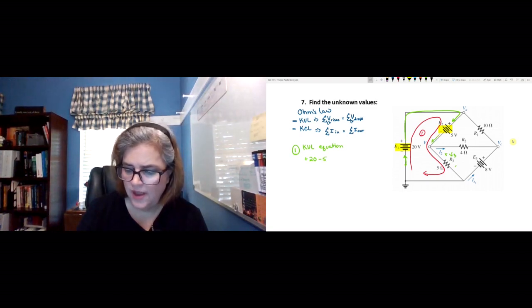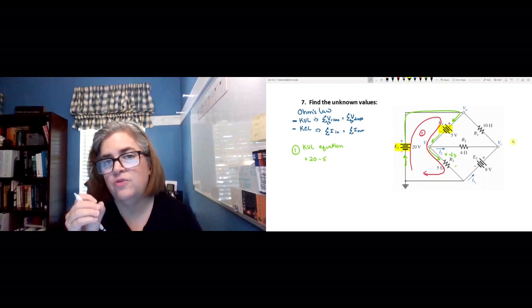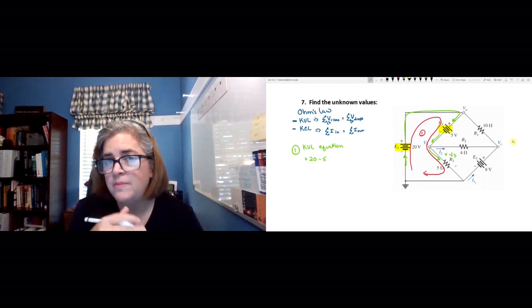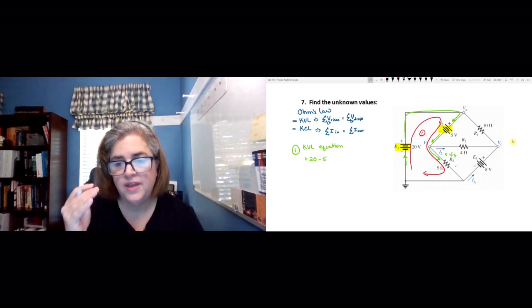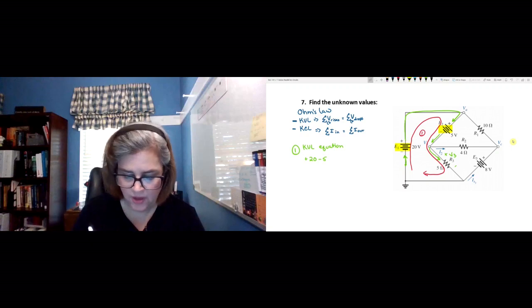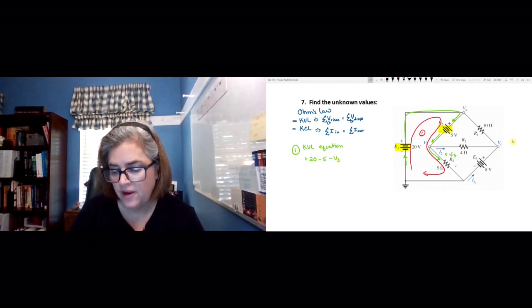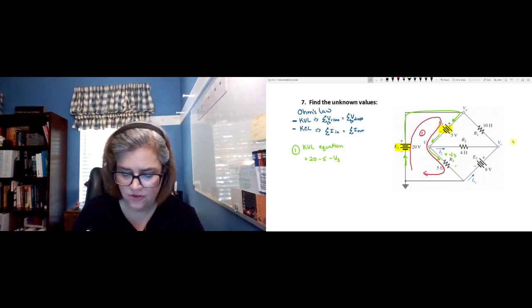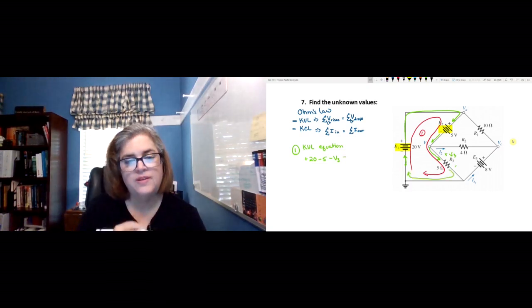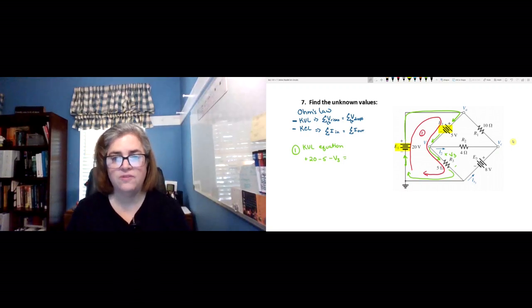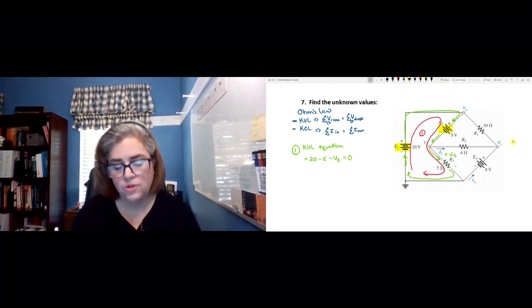And continue on this way. Now, we don't know if this is a voltage rise or a drop, so I'm just going to make an assumption. I picked plus to minus, and I'm assuming it's a drop. If it's not, my equation will help me figure that out. Okay, and then I continue on, and when I get back to where I started, that prompts me to set everything equal to 0 because I've completed that whole loop.